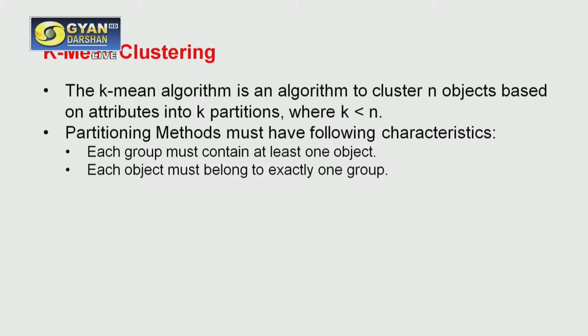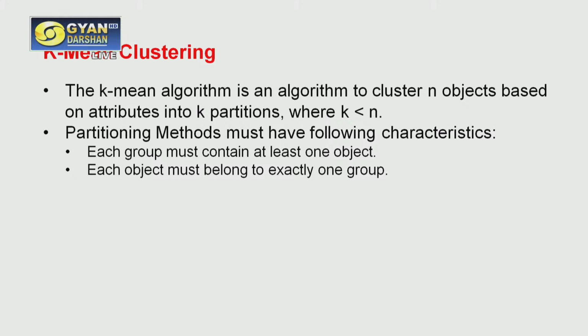What is n? N is the number of objects, or the number of samples, or items, one can say. Our job is to find ways so that we can cluster or group them into a given number of partitions.